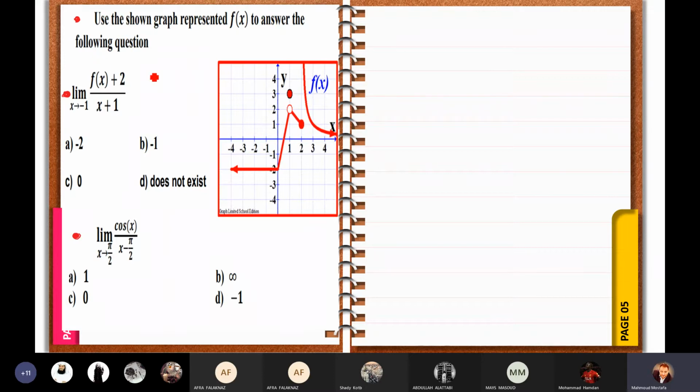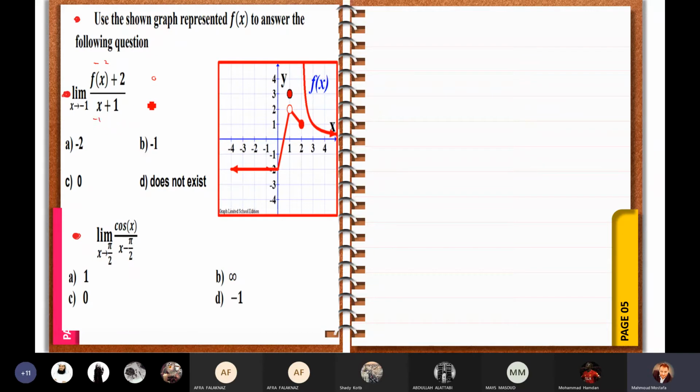Now, look at this one. This one is not easy, by the way. We need the limit when x approaches -1 of (f of x plus 2) over (x plus 1). F of x as x approaches -1 will be -2. So -2 plus 2 is 0.